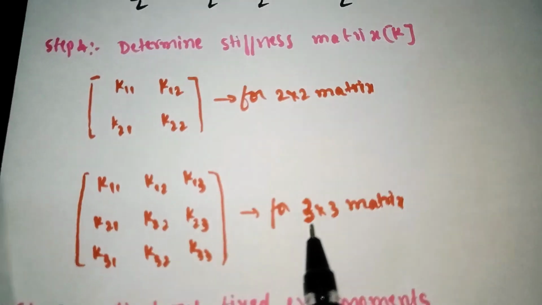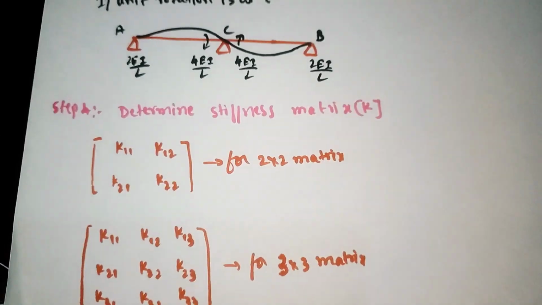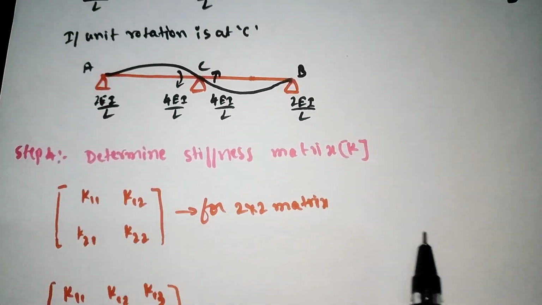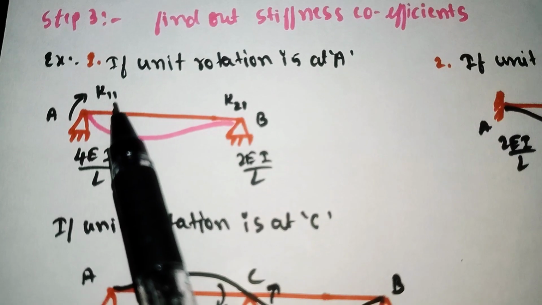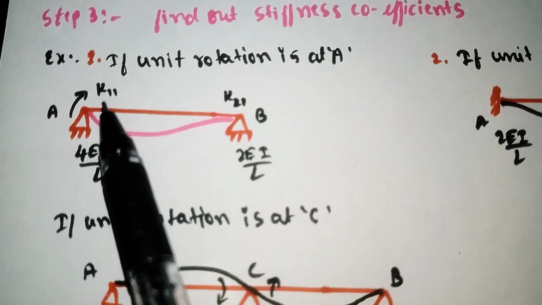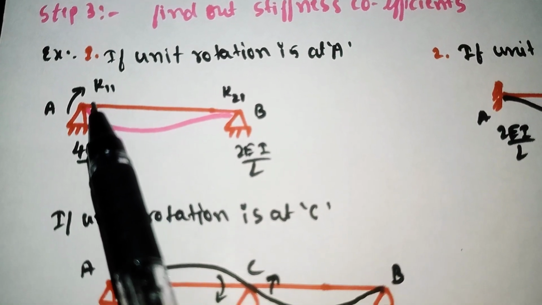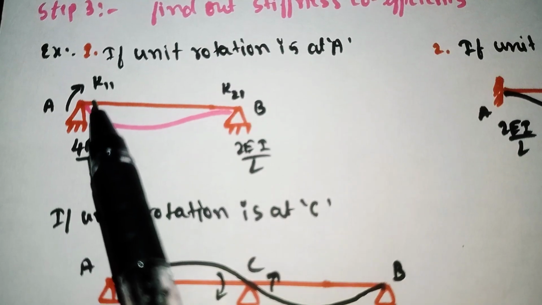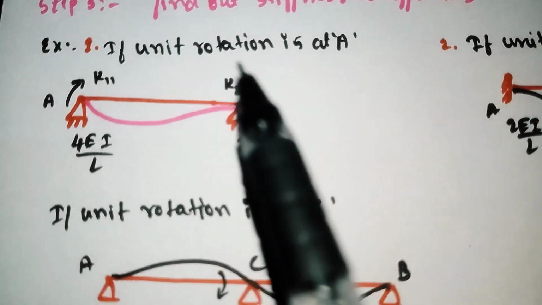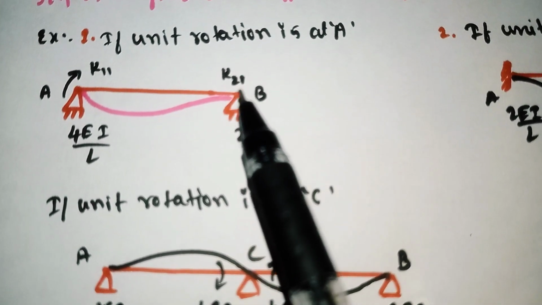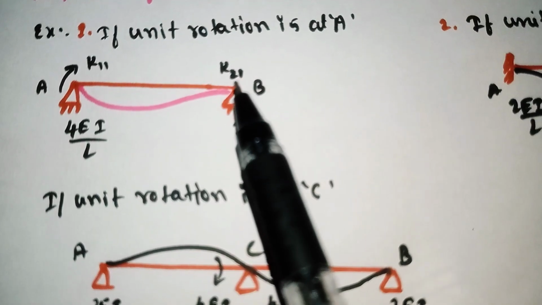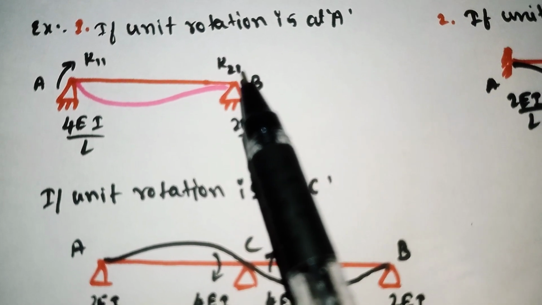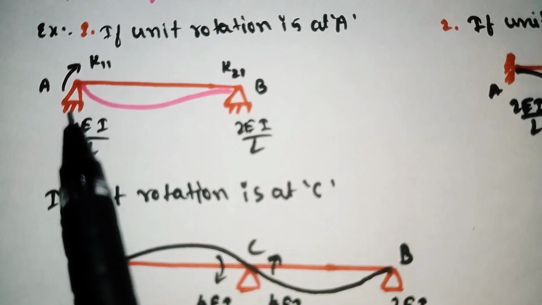Here K11 means the force developed at coordinate 1 due to the unit rotation applied at coordinate 1, and K21 is nothing but the force developed at coordinate 2 due to the unit rotation applied at coordinate 1.